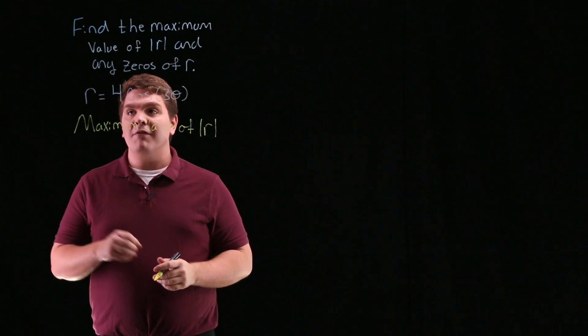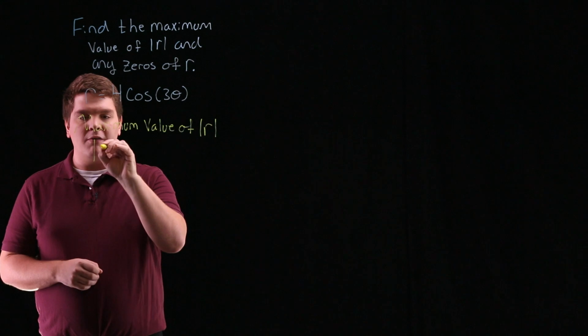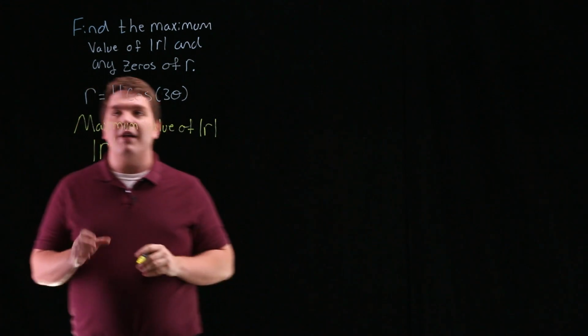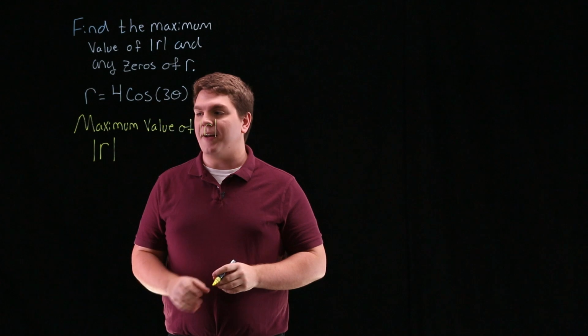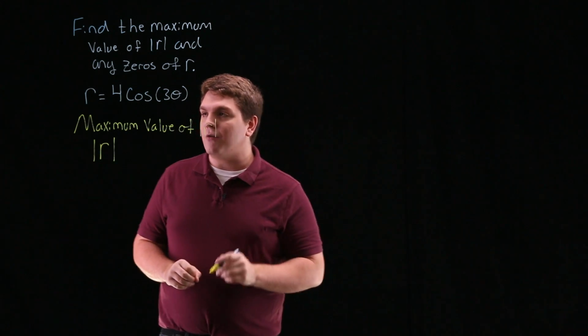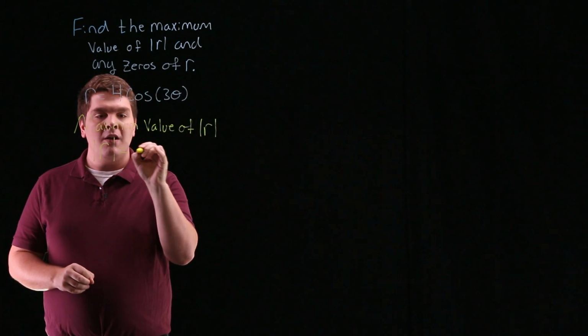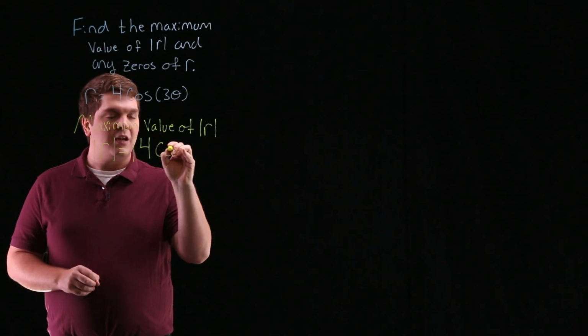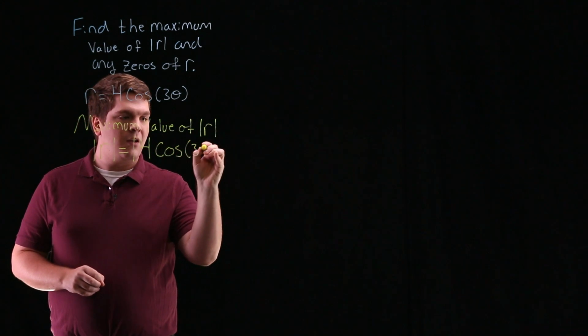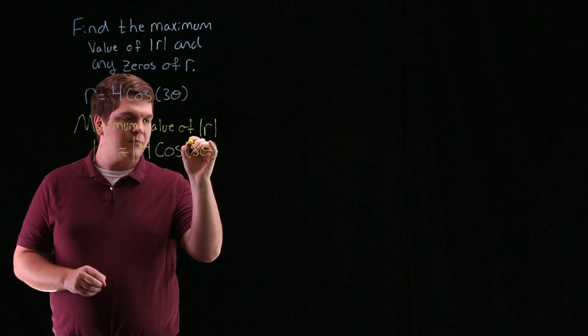So let's begin by first thinking about the absolute value of r. We know that r is equal to 4 times cosine of 3 theta. So the absolute value of r is equal to the absolute value of 4 times cosine of 3 theta.